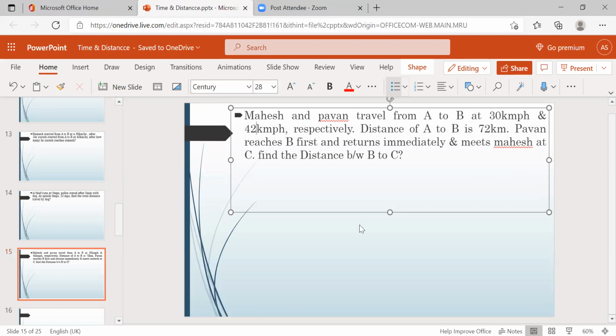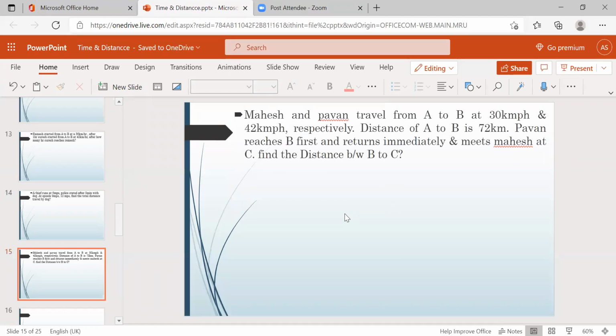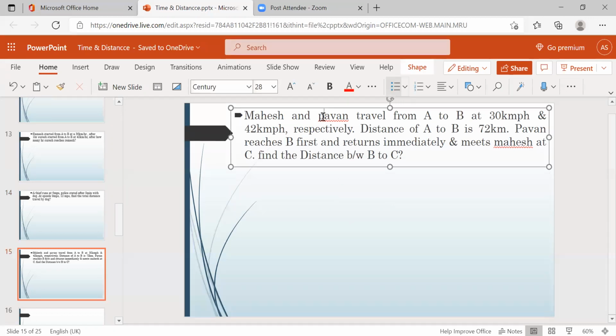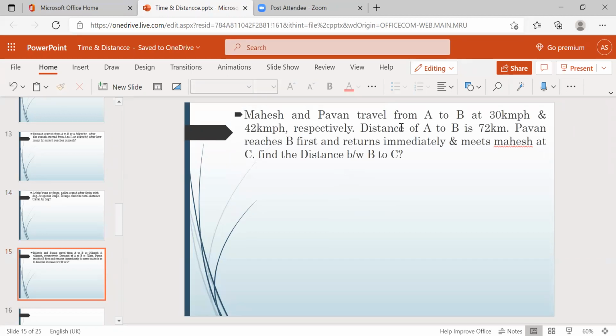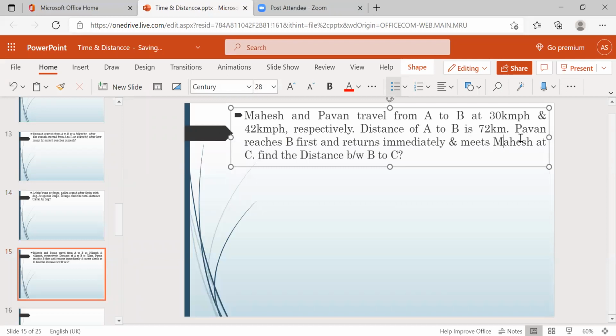Now read the question first. What they're asking, we will find out. Mahesh and Pawan, two members are there. Mahesh and Pawan travel from A to B at 30 kilometer speed and 42 kilometer speed. So Mahesh's speed is 30 kilometers, Pawan's speed is 42 kilometers respectively.